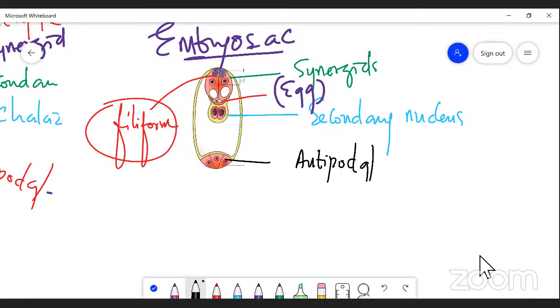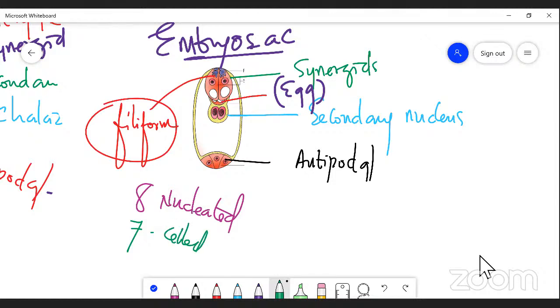So simply, what is the nature of the embryo sac? The embryo sac consists of 8 nuclei but is a 7-celled stage. How is it possible?